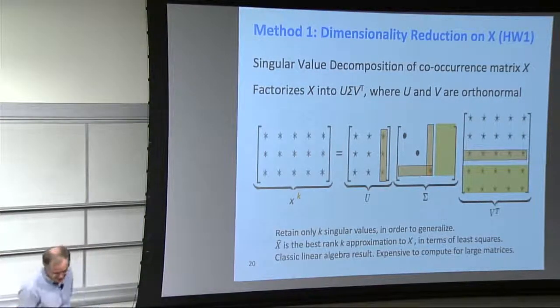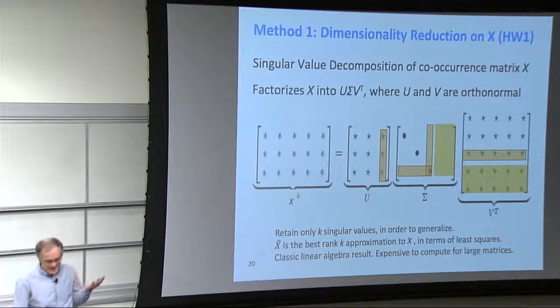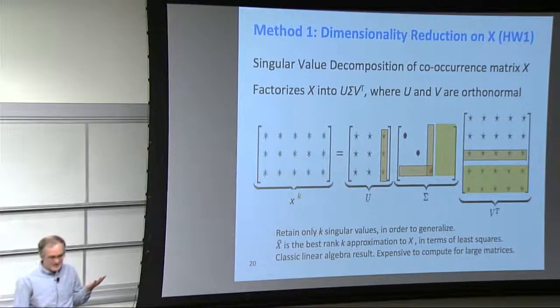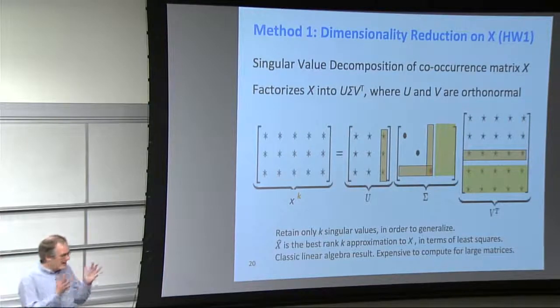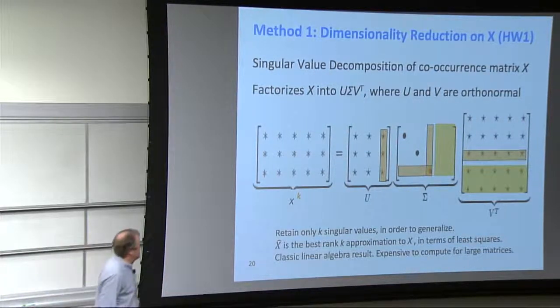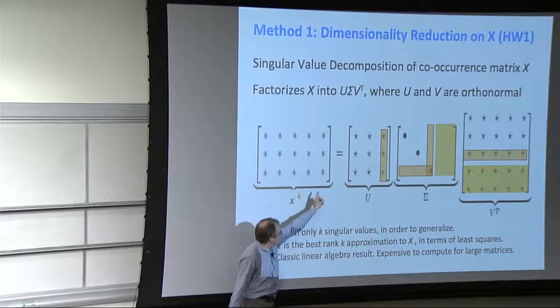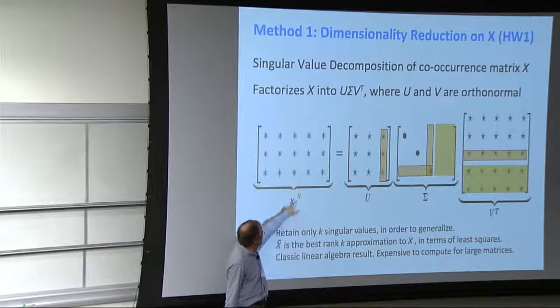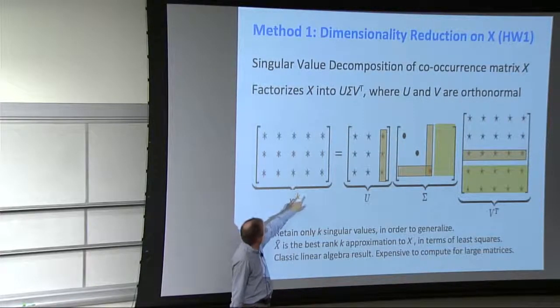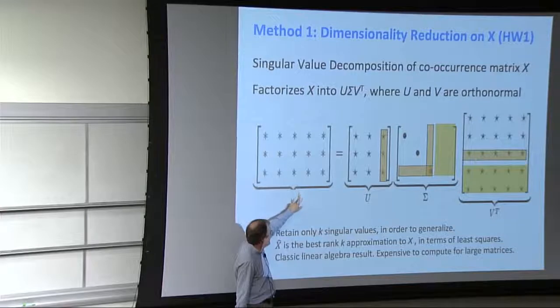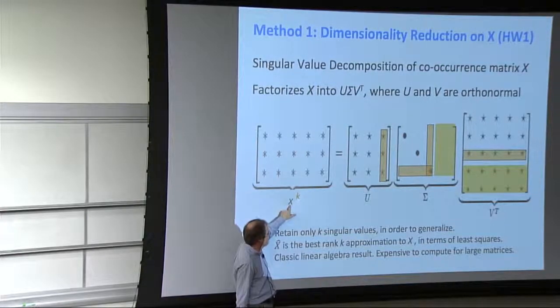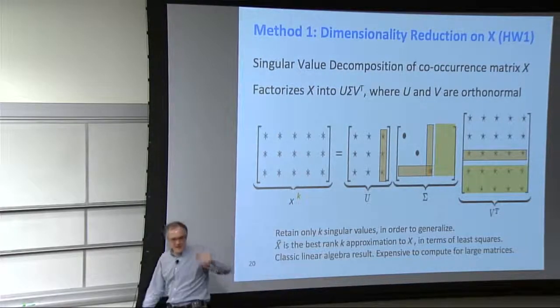That's referred to as the reduced SVD. And the classic result is that, in terms of least squares error in estimation, the product of these three things gives X_k, which is the best rank k approximation to the original X in terms of a least squares criterion.